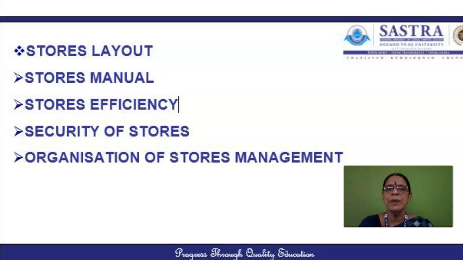The stores department also informs the purchase departments of changing production trends, slow and non-moving stocks, obsolete stocks, the scrap, and the surplus. So this is the relationship between the purchase department and the stores department.